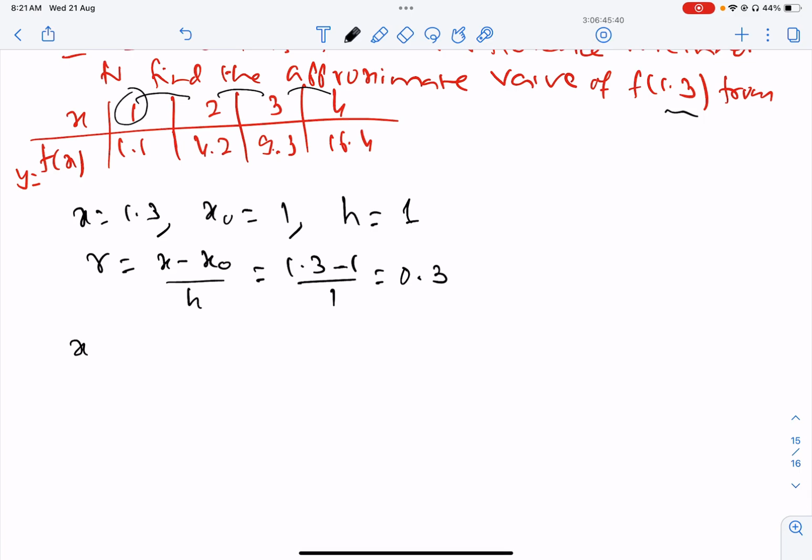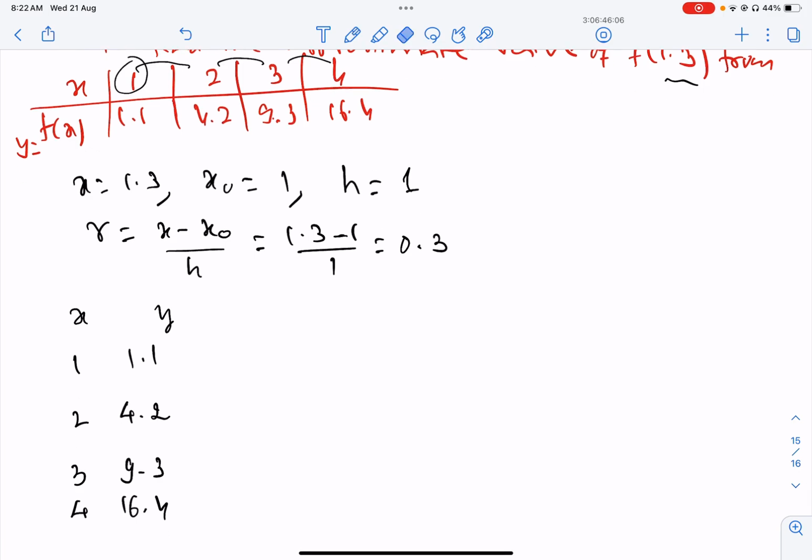So this is x and y: 1, 2, 3, 4, and 1.1, 4.2, 9.3, 16.4.